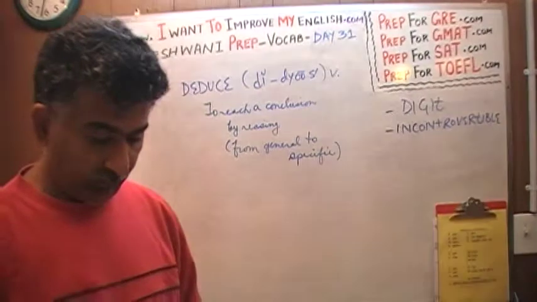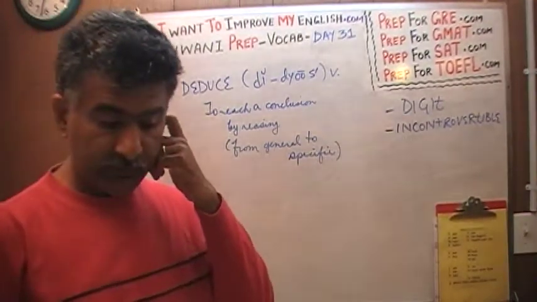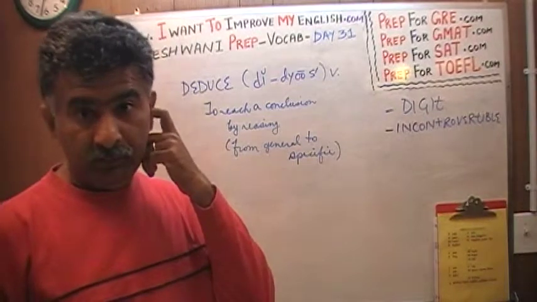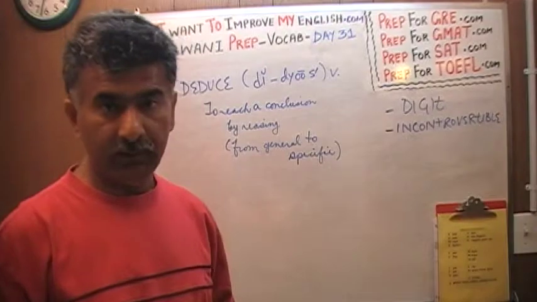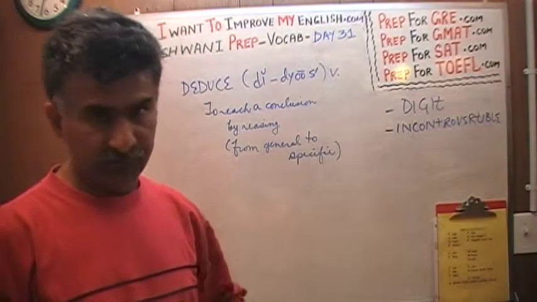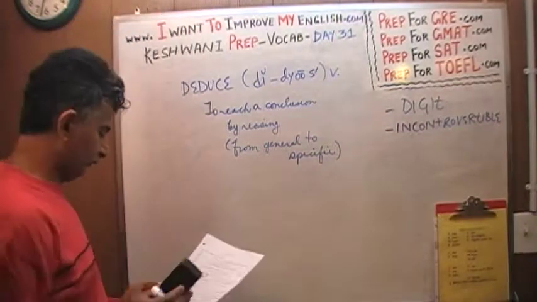For example, all cats have 4 legs. My dog has 4 legs, therefore my dog is a cat. Now that will be a ridiculous deduction. That's the word we're getting at. Anyway, that's deduce.